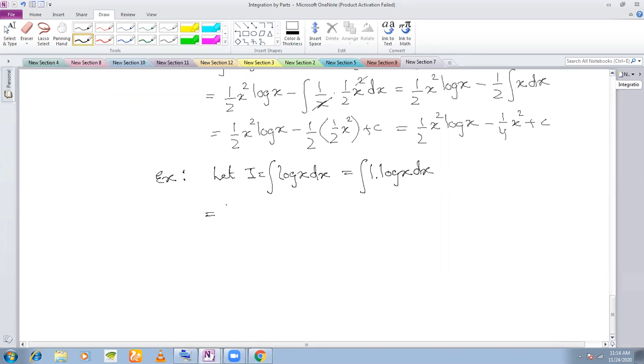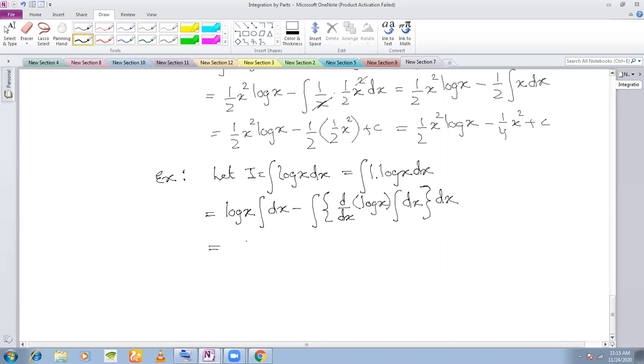Log x should be your first function, because if you take log x as your second function, then you'll have to integrate log x, which is actually the question. So what you do is you take log x as your first function, 1 as your second function, integral dx, minus integral of the derivative of log x into the integral of 1 dx, whole thing dx.